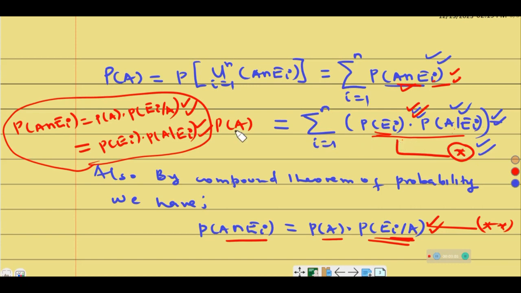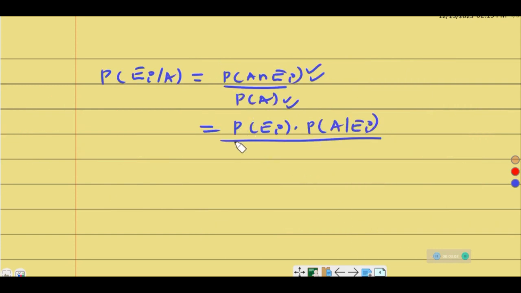We have already seen that the probability of A is the same as the summation of i equals 1 up to n of the probability of Ei times the probability of A given Ei. And remember that our i runs from 1 up to n.